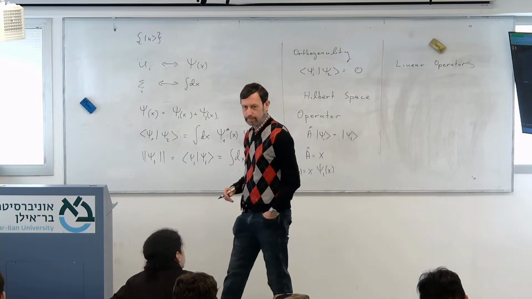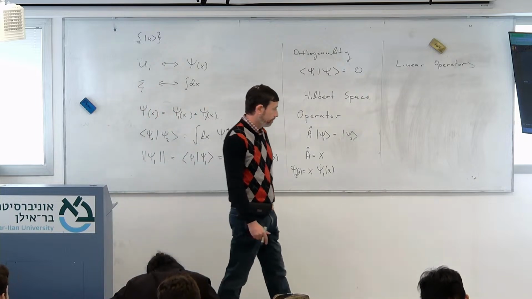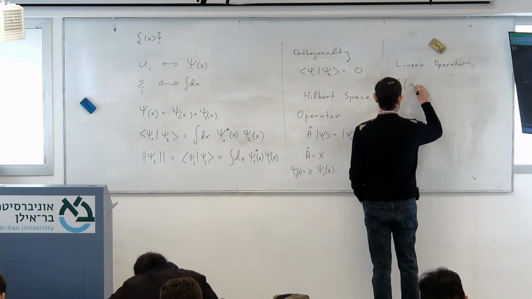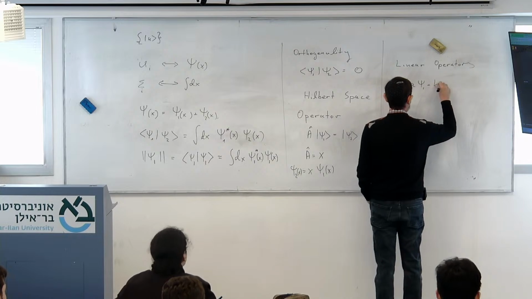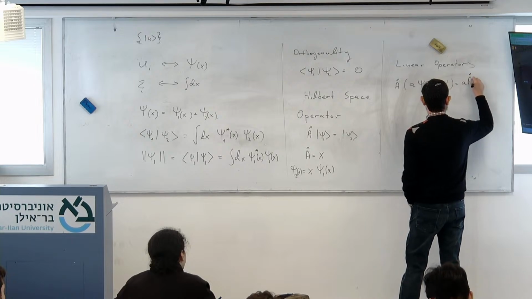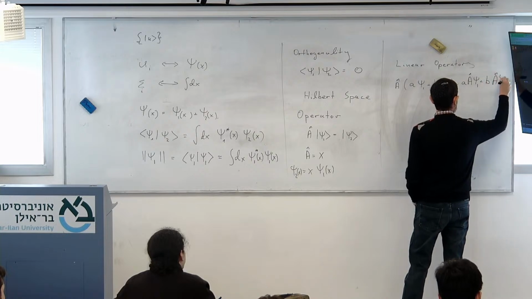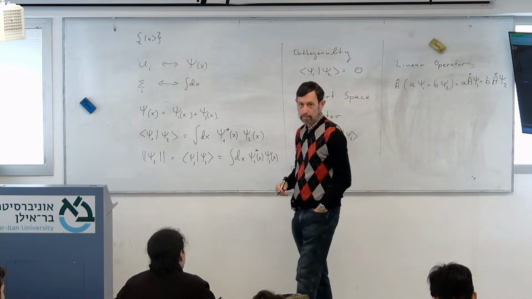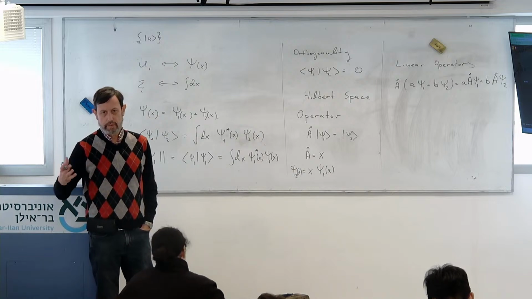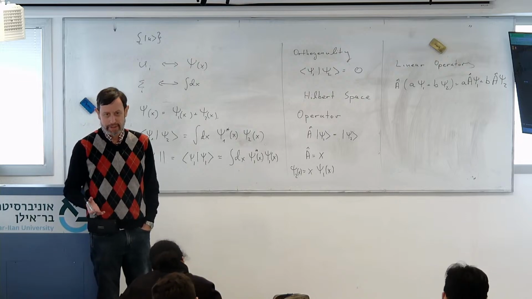Linear operators, which basically mean: if it's a scalar times a vector, I can use the operator on the vector, on the function, and multiply it by the scalar.